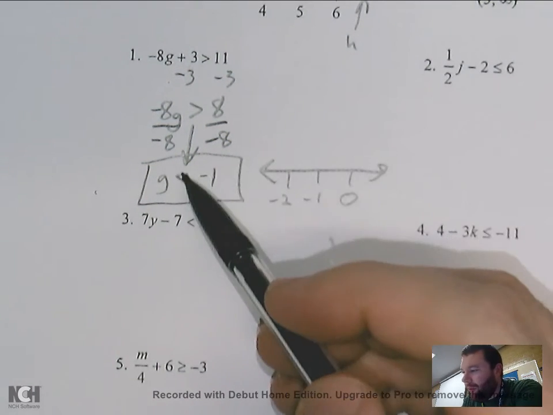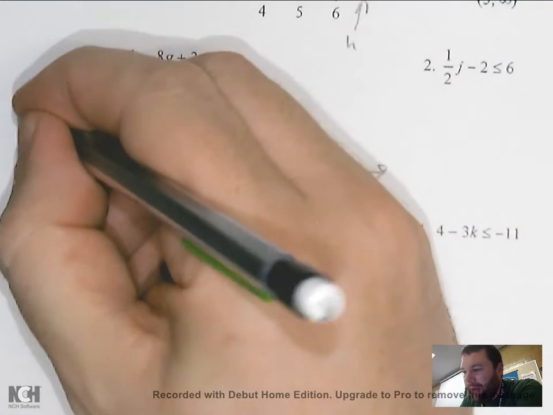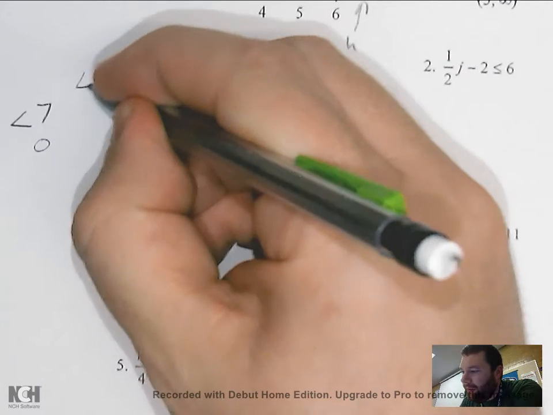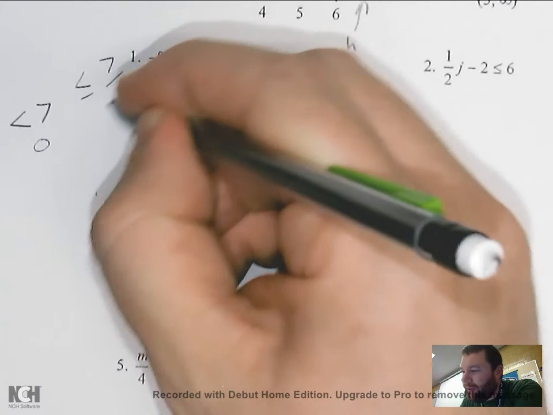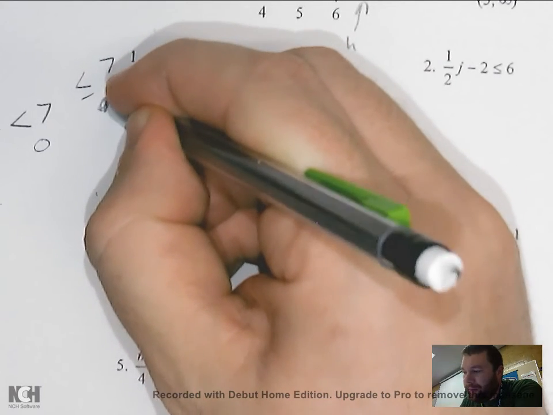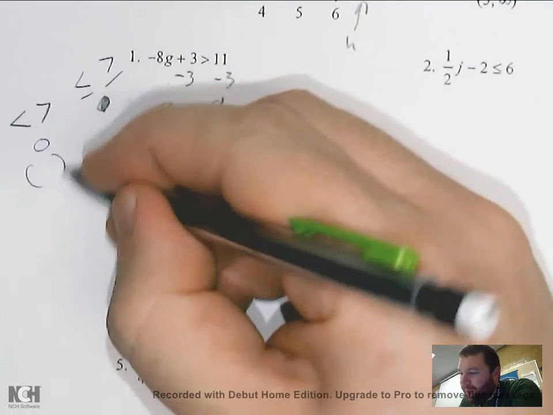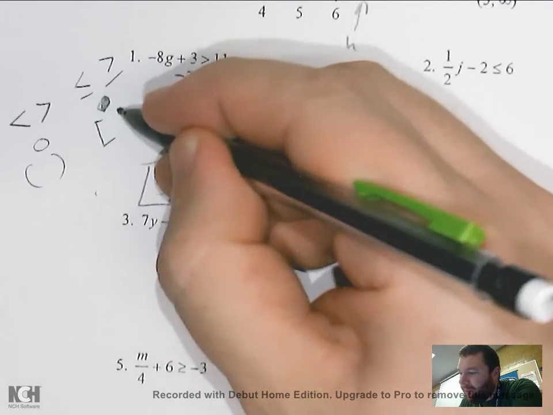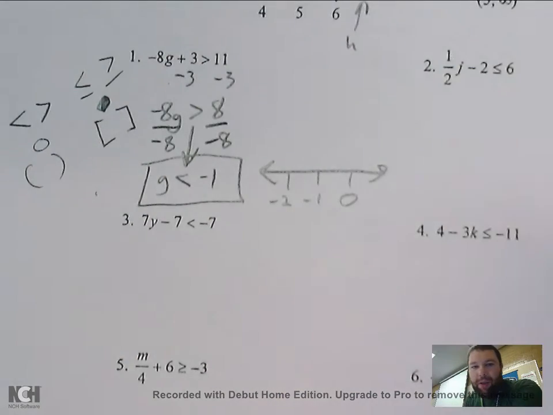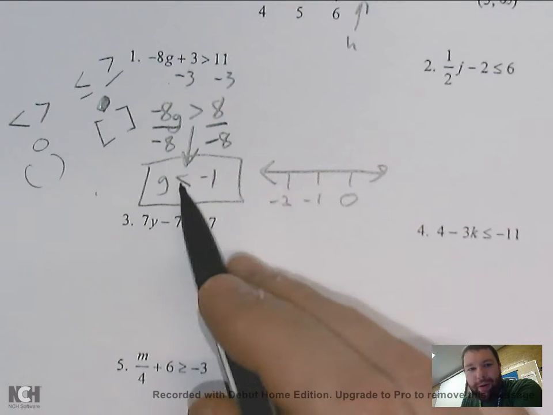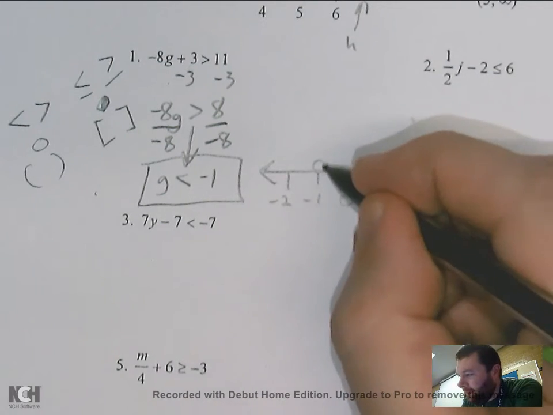Then I'm going to look at my inequality sign. If we have the regular inequalities, that's an open circle. If we have greater than or equal to or less than or equal to, you get the closed circles. When you're doing interval notation, these would be parentheses, and these would be the square brackets. Looking at the graph, it's going to be on -1, and it's a regular inequality, so it's going to be an open circle.